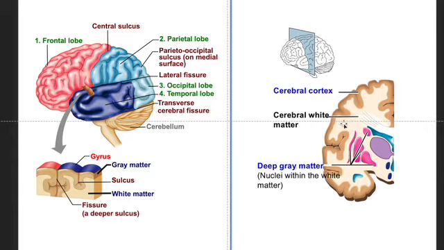And deep to that is the white matter where you have the axons. Also buried deep in the cerebrum, you can see color-coded in pink here some of the deep nuclei of the cerebrum. So gray matter on the surface is called cortex, and they're called nuclei deep in the cerebrum. That's your gray matter.